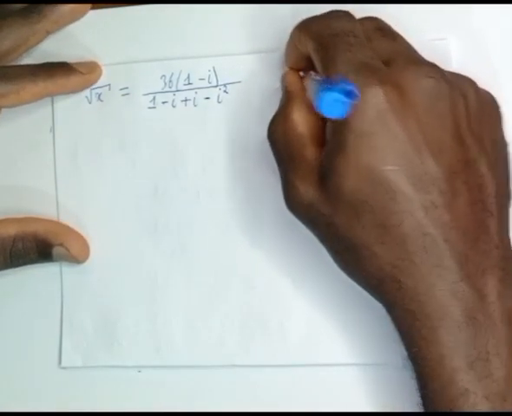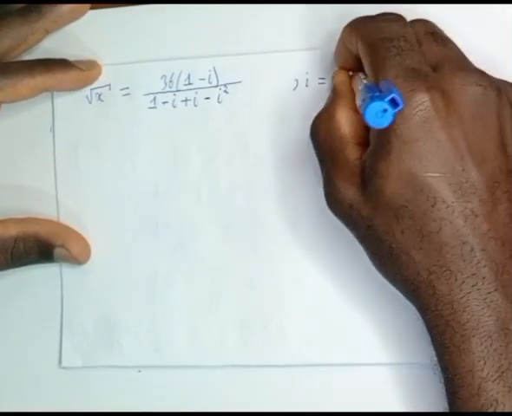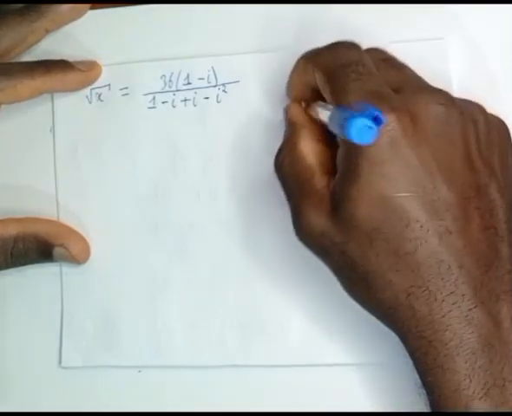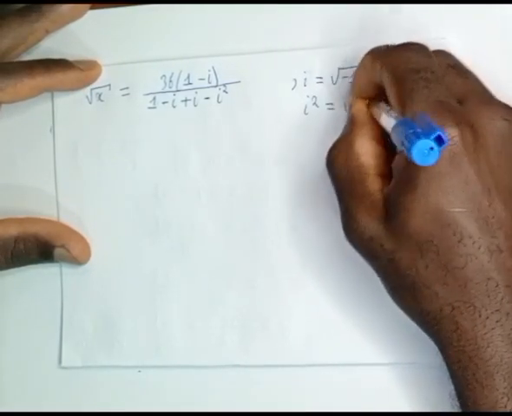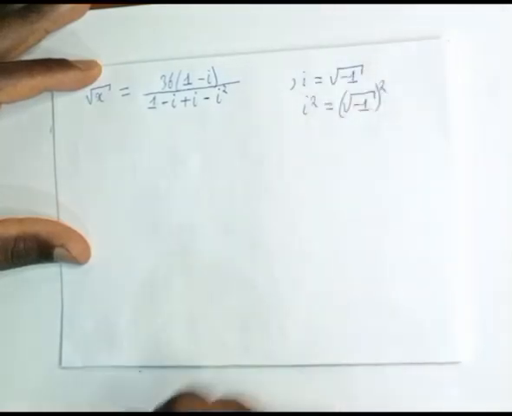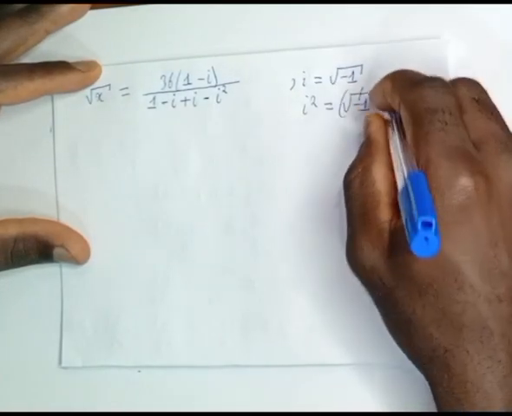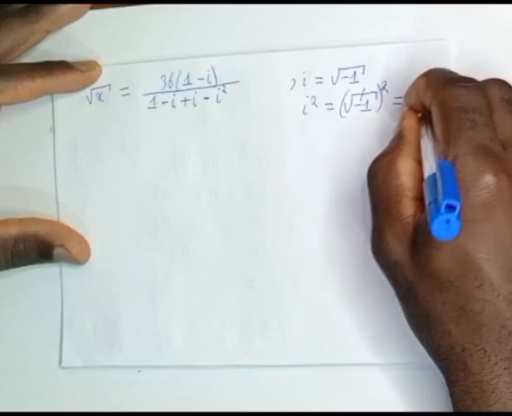Remember, i is simply equal to the square root of negative 1. If we square both sides, i squared will simply be equal to the square root of negative 1, squared. This and this will strike off and we'll be left with negative 1.